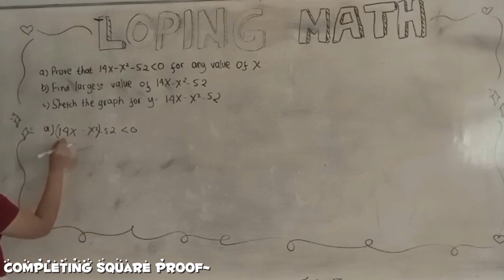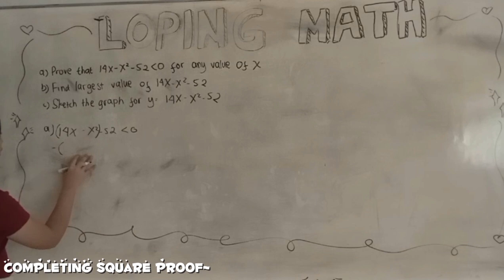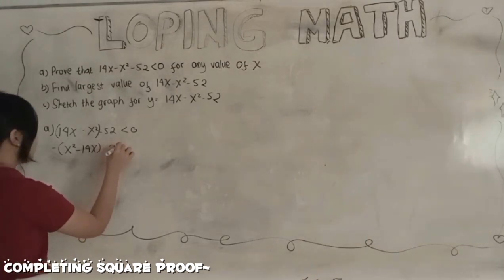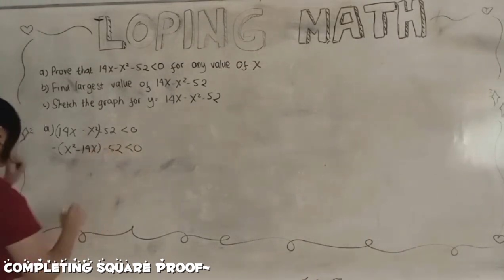So it will be minus in brackets x squared, and then minus 14x. Why minus 14x? Because minus times minus 14x, at the end will be positive 14x. And then write the rest, minus 52 less than 0 here, okay?